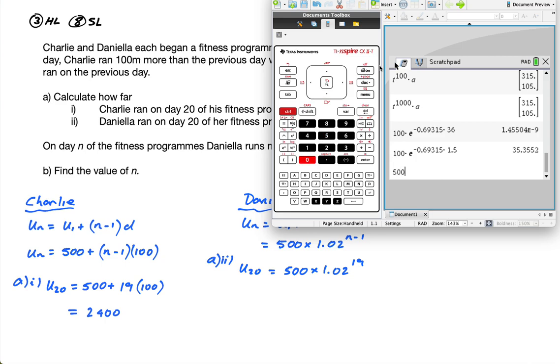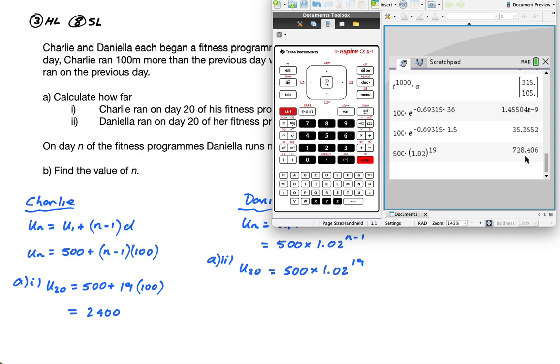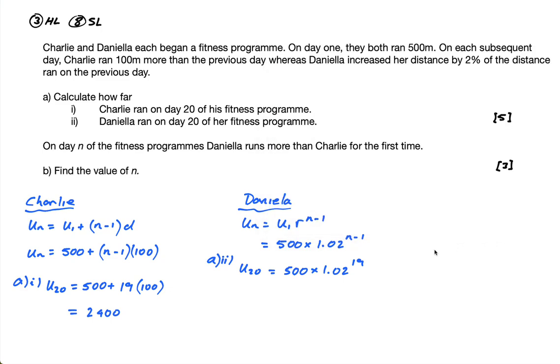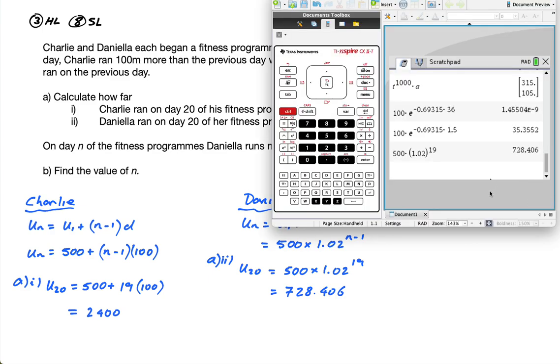It's 500 times 1.02 to the power of 19, which is 728.406. Now I'm looking at that and thinking, that seems like she's running a lot less than him.